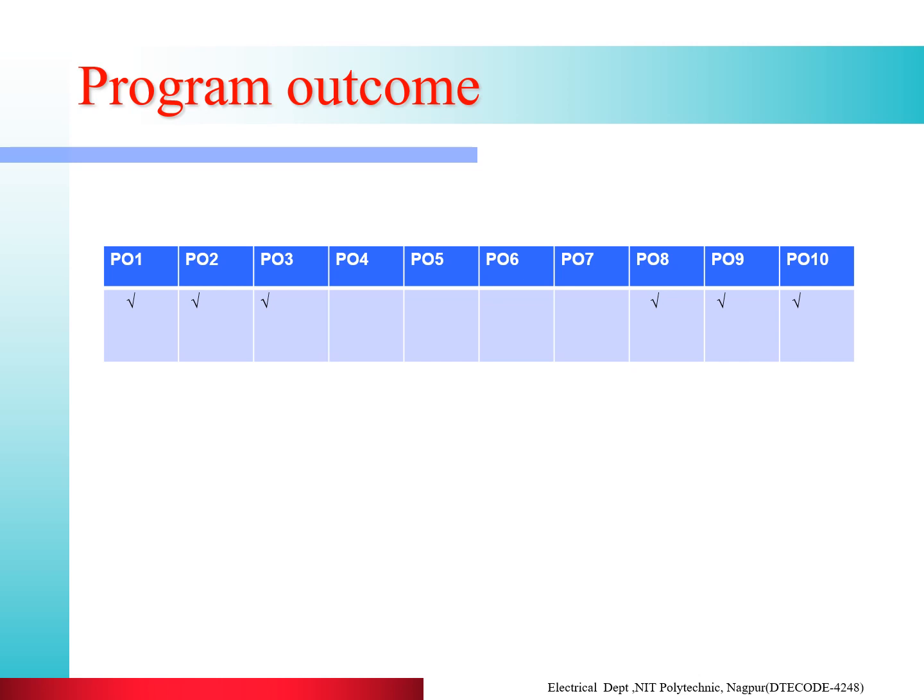PO3, experiment and practices: here two current transformers are connected with phase difference, so experiments and practices PO3 is mapped. PO8: the current transformers are located at different positions, so PO8 is mapped, that is, measured by the individual or in a group. PO9 is basically communication of the current, so PO9 is mapped. PO10: we will study the differential relay which is used in a substation, so PO10 is mapped.